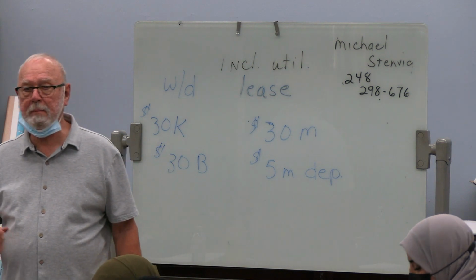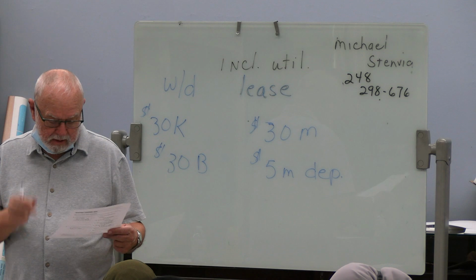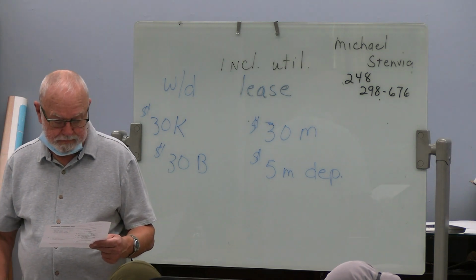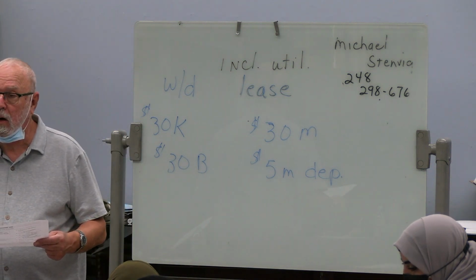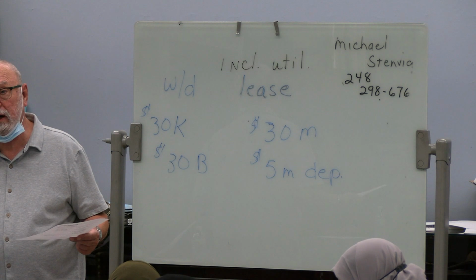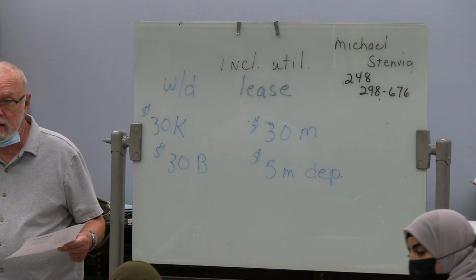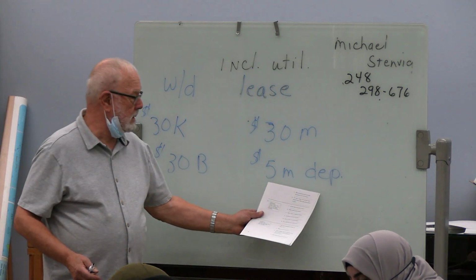You'll see this in the paper when they abbreviate very big numbers. Which one is right? Is it 30 or 35? 30 is the house and 5 is the deposit.